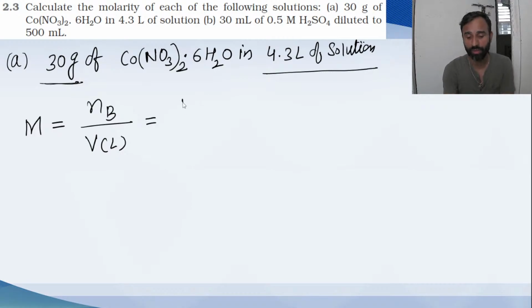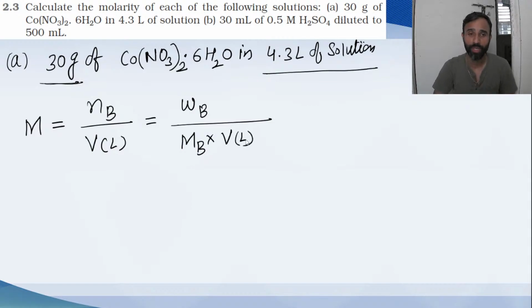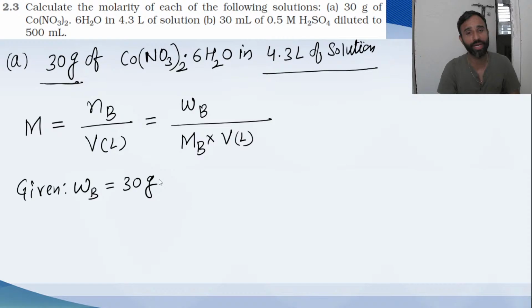What is given? Mass. So mass of solute divided by molar mass of the solute into volume of solution in liter. That is the formula. So WB is 30 gram, and volume is given in liter, 4.3 liter.